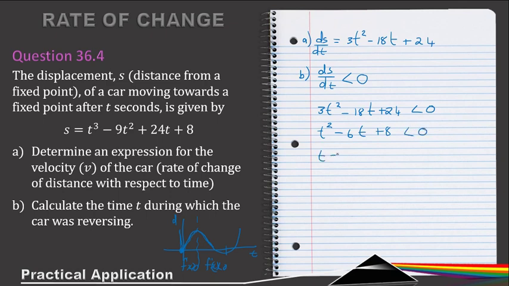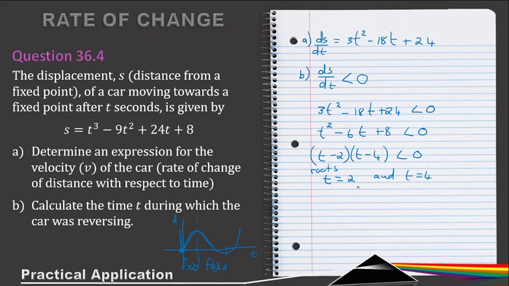And then (t minus 2)(t minus 4) is less than 0. So t is equal to 2 and t is equal to 4. These are the roots, because this is an inequality.